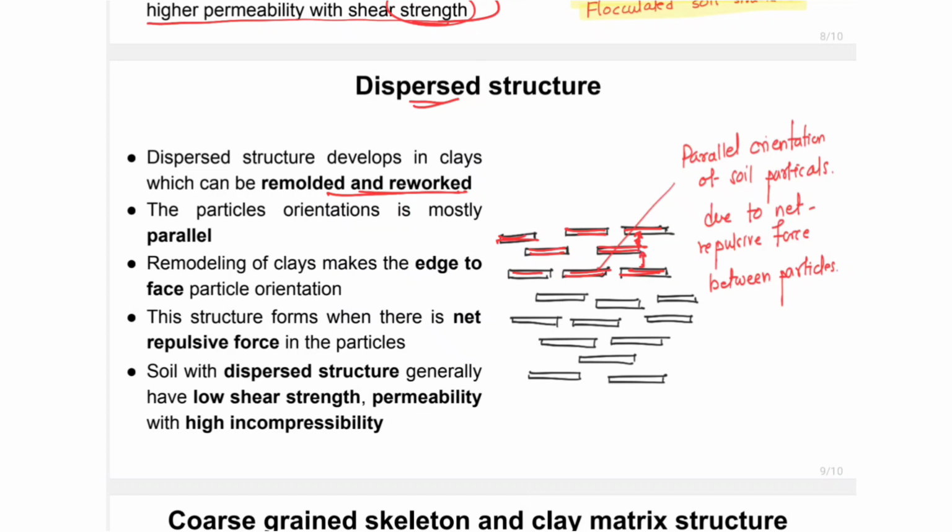This is due to the repulsion force between the clay particles, as these clay particles contain negative charge on their surface and positive charge on their edge portion. This dispersed structure has low shear strength, low permeability and high compressibility.